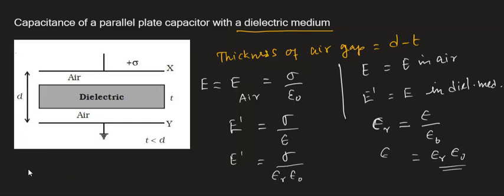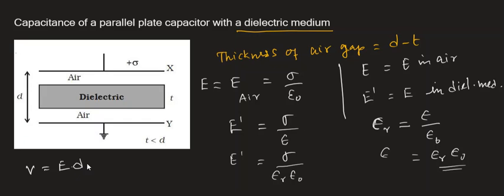We know potential is given by E into the distance between the two parallel plates. But here, it is now inserted with some dielectric medium. So the thickness varies, the distance varies, is it not?